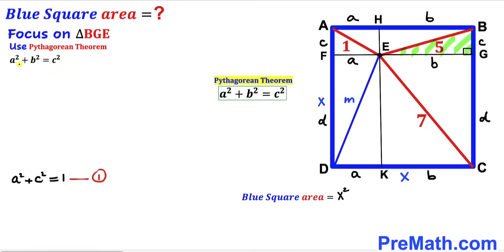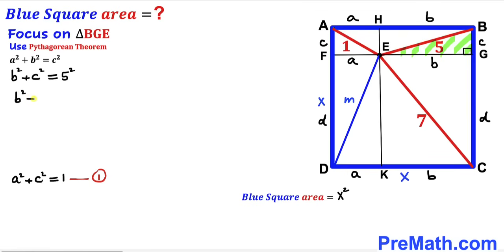Let's fill in the blanks in this Pythagorean formula. It gives us b squared plus c squared equals 5 squared. So we end up with b squared plus c squared equals 25. I'm going to label this as equation number 2.